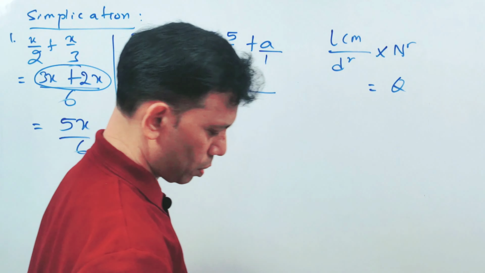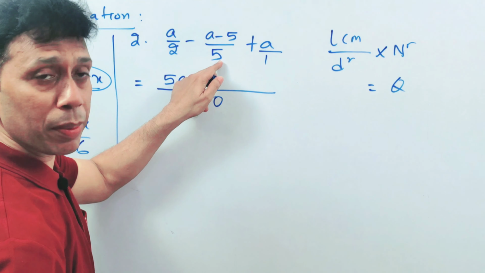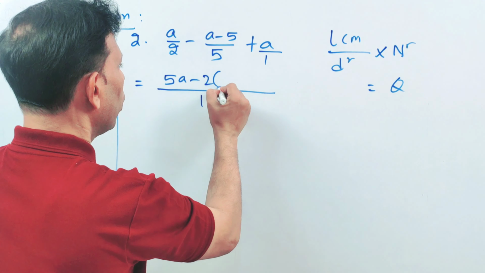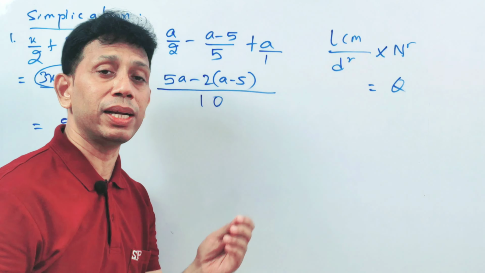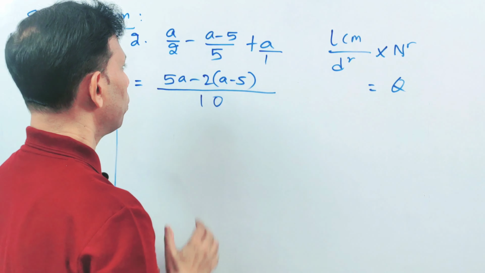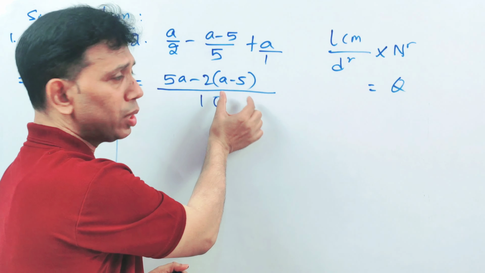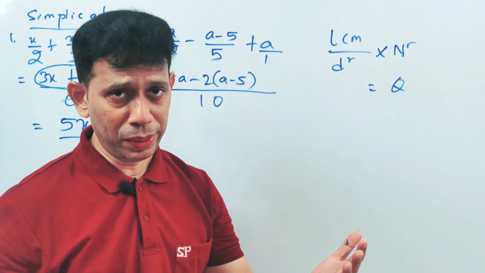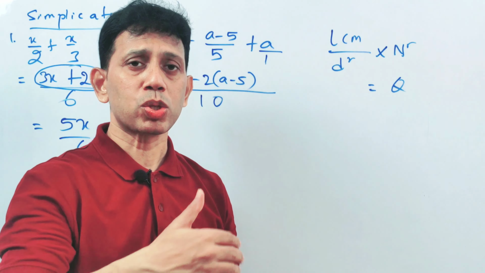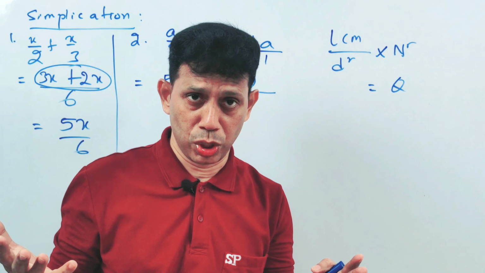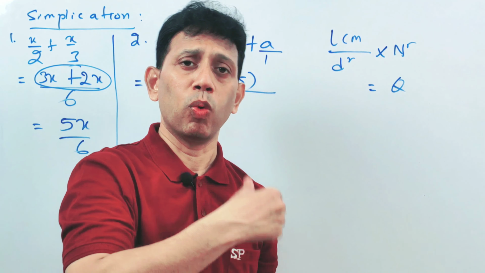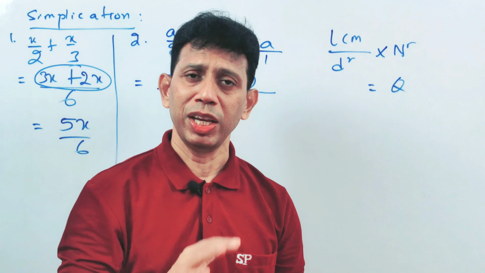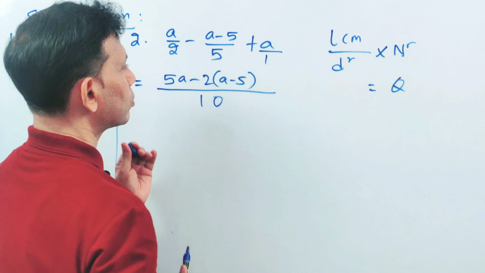So 10 divided by 5 is 2. 2 into (a minus 5). I did not multiply directly here because two terms are there. I could multiply directly, but I did not, because let us do one more step for confirmation so that errors will not be there. Once you are perfect in simplifying, you can do it directly, no issues.